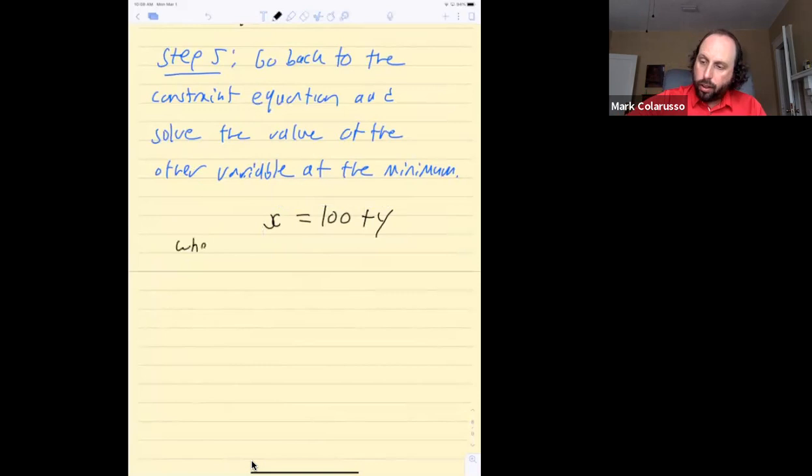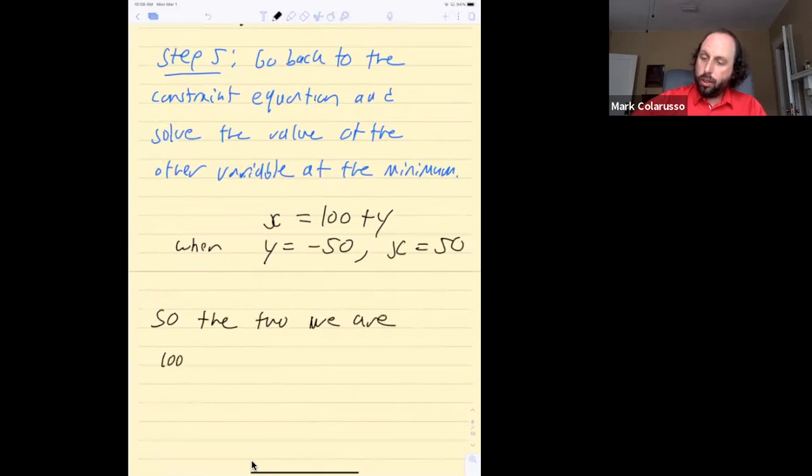So when y equals minus 50, x is equal to 50. So the 2 numbers we're looking for are x equals 50 and y equals minus 50.